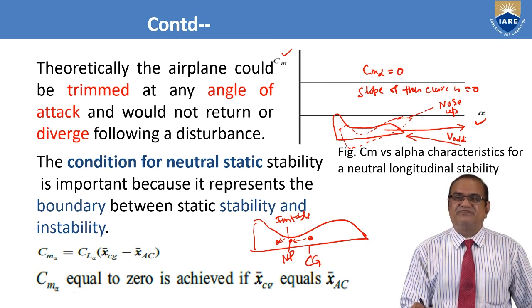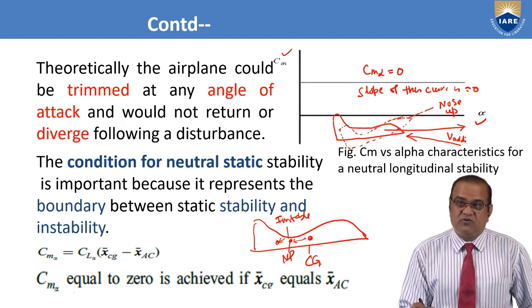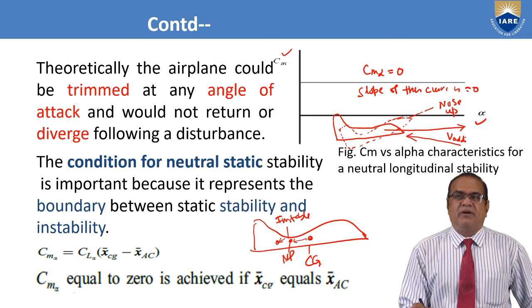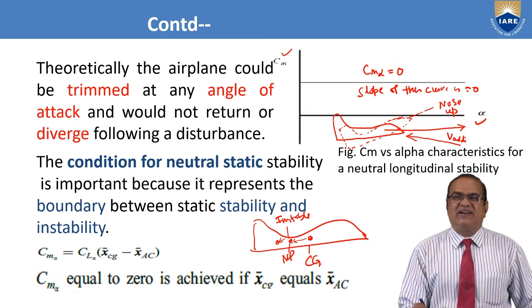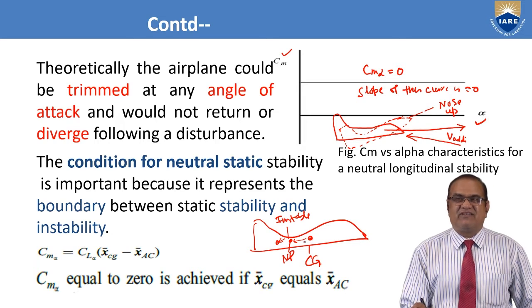The CG will move depending upon the consumption of fuel, loading of material, loading of manpower, and some aerodynamic features. If they are disturbed, the center of gravity may go ahead or go behind.